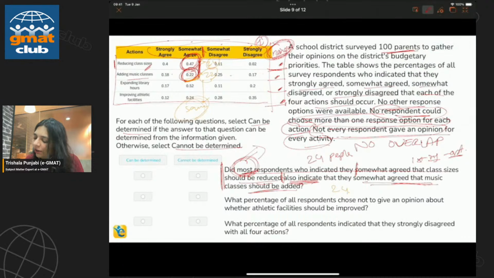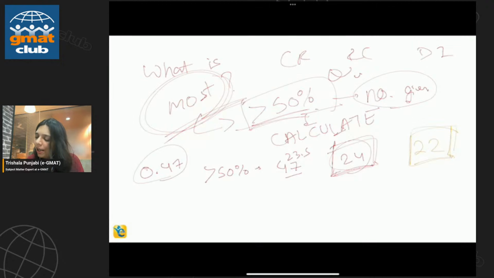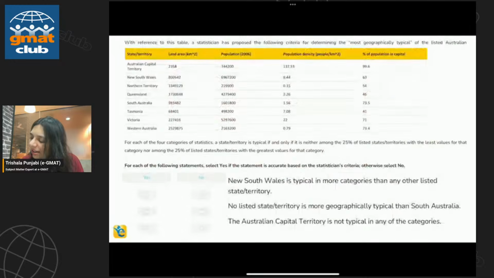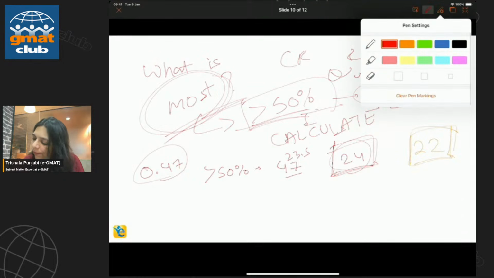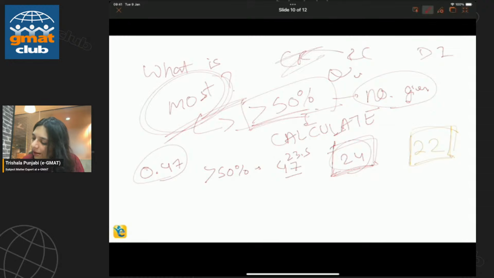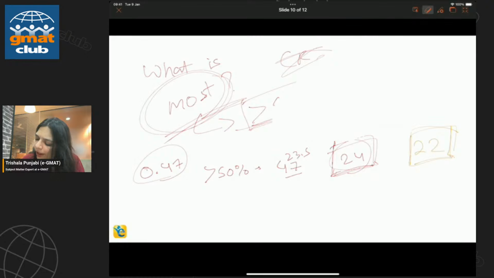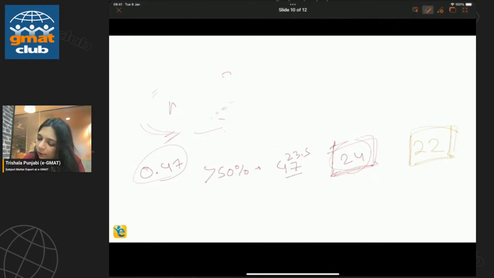So now we are going back to our overlaps. Let me just clean this up a little bit more. As usual, we will do our max overlap, then we will do our min overlap.